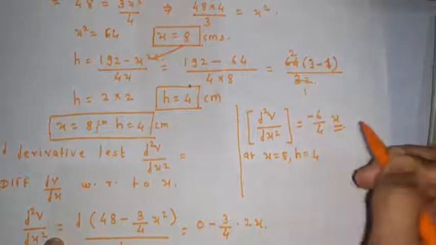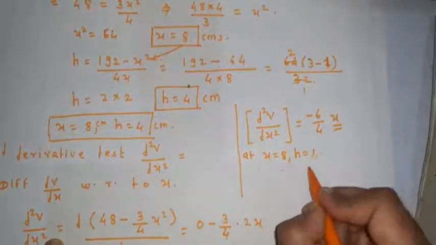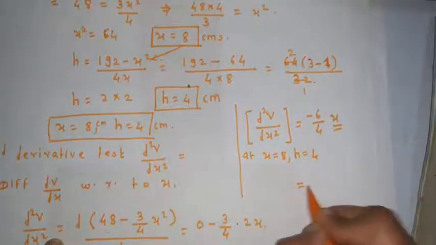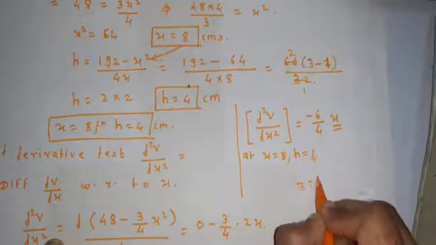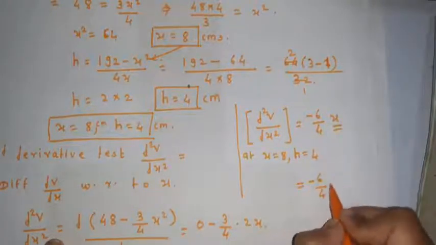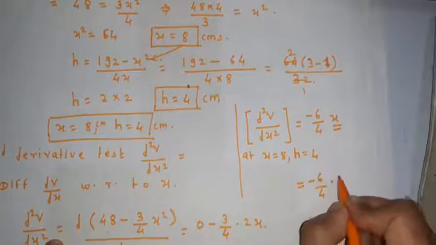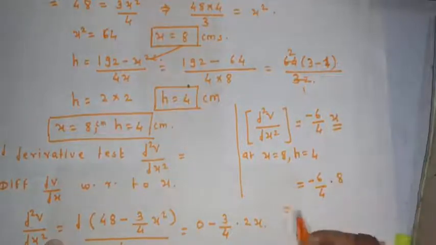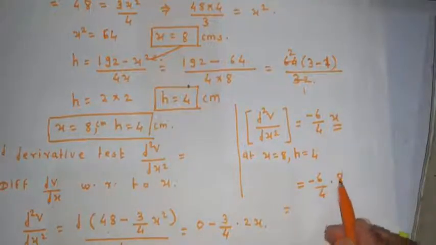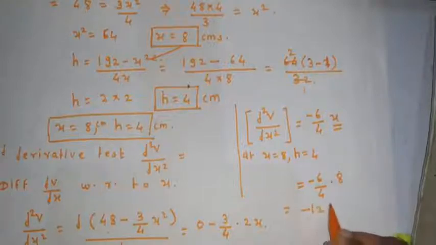Put the value of x, we get minus 6 by 4 into the value of x, which is 8, and that is equal to minus 12. 4 twos are 8, 6 into 2 equals minus 12, that is less than 0.